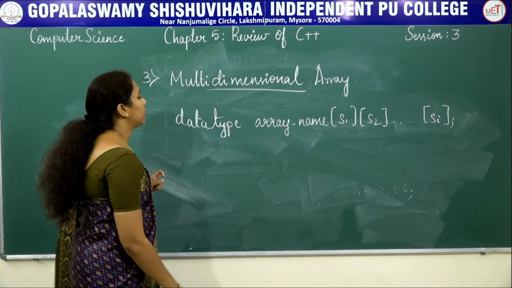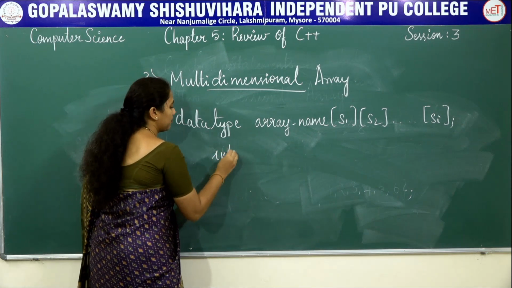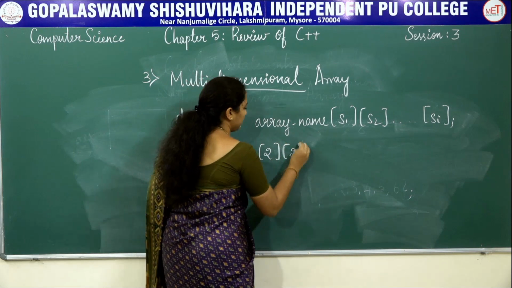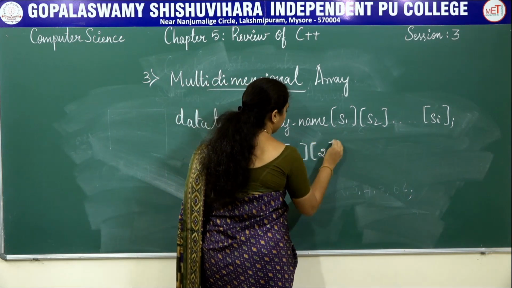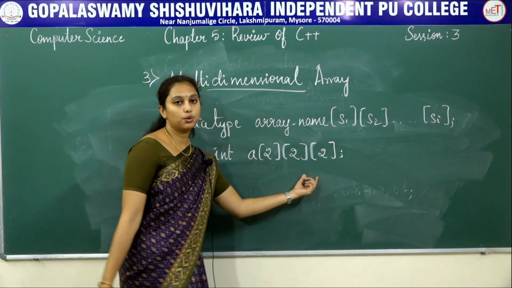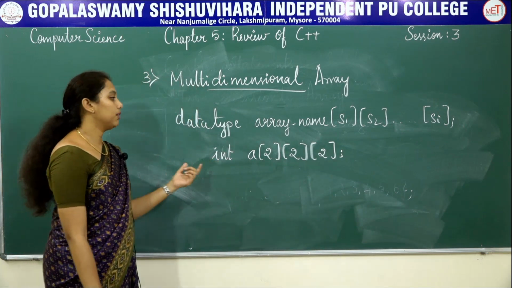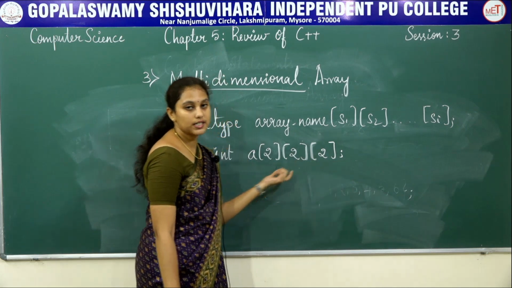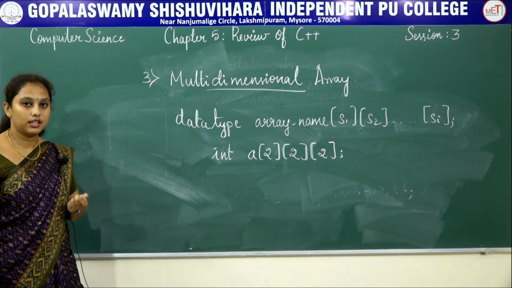An example for this is int a of 2 into 2 into 2. How many elements can it store? 2 cross 2 cross 2, that is, it can store 8 elements.